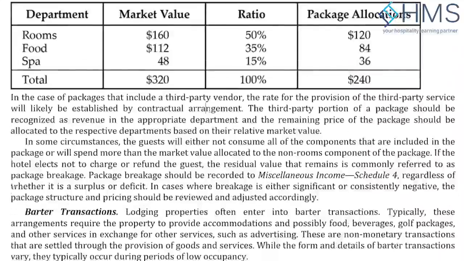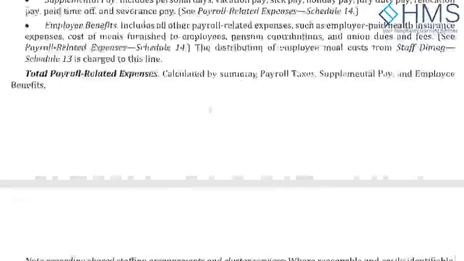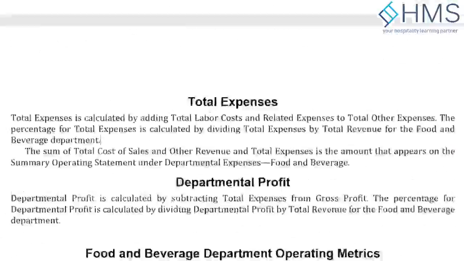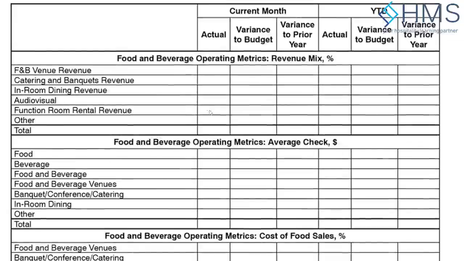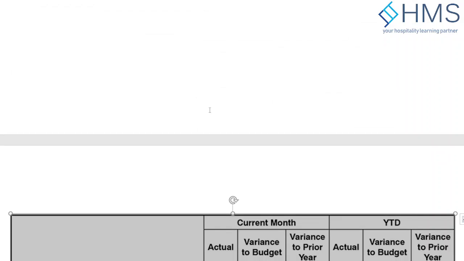Okay. So we were at F&B, right? The F&B will also have their own operating department statistics, which means we are talking about the revenue, average check, cost of food sales by venue, and then inventory turnover ratios for liquor, wine, draft beer, bottled beer, and other things.